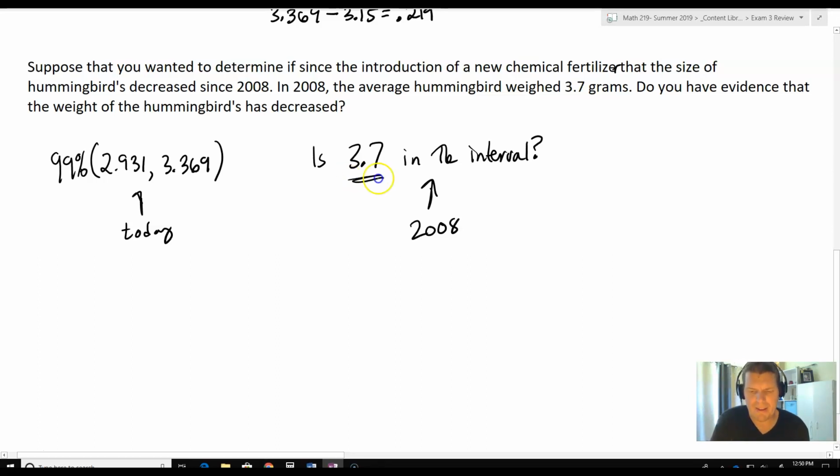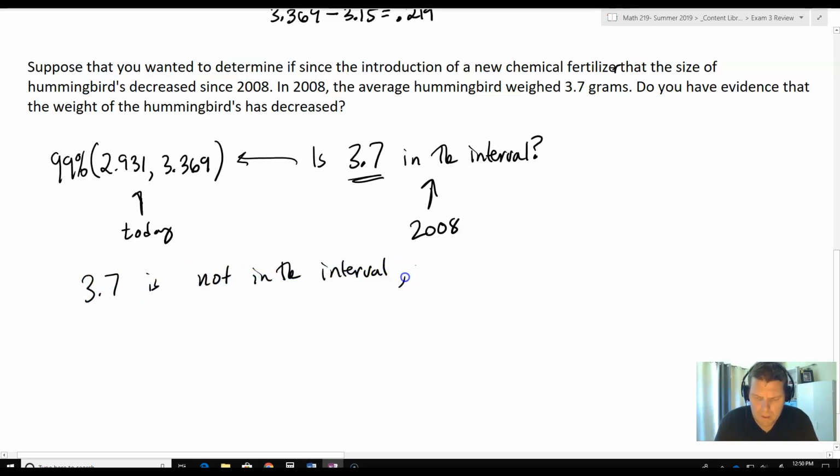So 3.7 is not in my interval. It's really unlikely that 3.7 is actually the true weight.